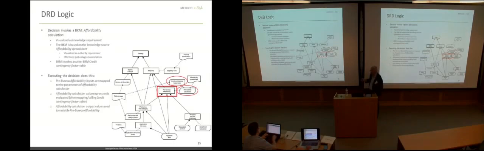And then it invokes this function. It turns out that this function invokes another function here, credit contingency factor table. And when affordability calculation gets its answer, it passes it back. It becomes the output value of pre-bureau affordability. So this explanation is kind of tedious, but all of that is implied by these simple arrows here.